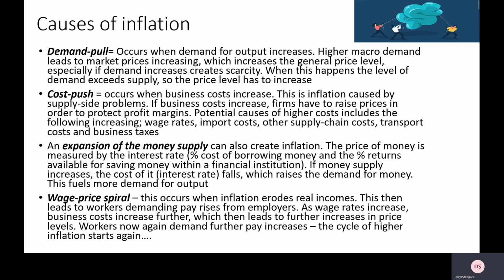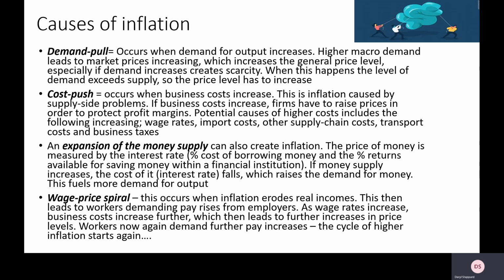Right, so you've got here then the causes of inflation. You've got the top two, which were the ones I gave you the question linked to, demand pull and cost push inflation. Now, demand pull inflation occurs when we have an increase in demand for goods and services across the economy. If you think about in a micro world, if you've drawn an outward shift in demand, then that would show demand pull inflation.